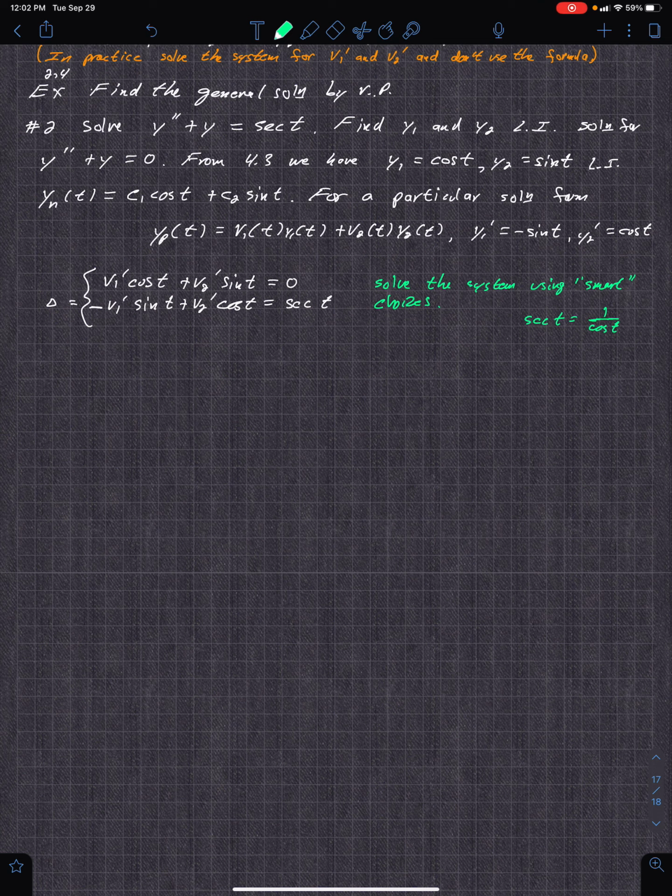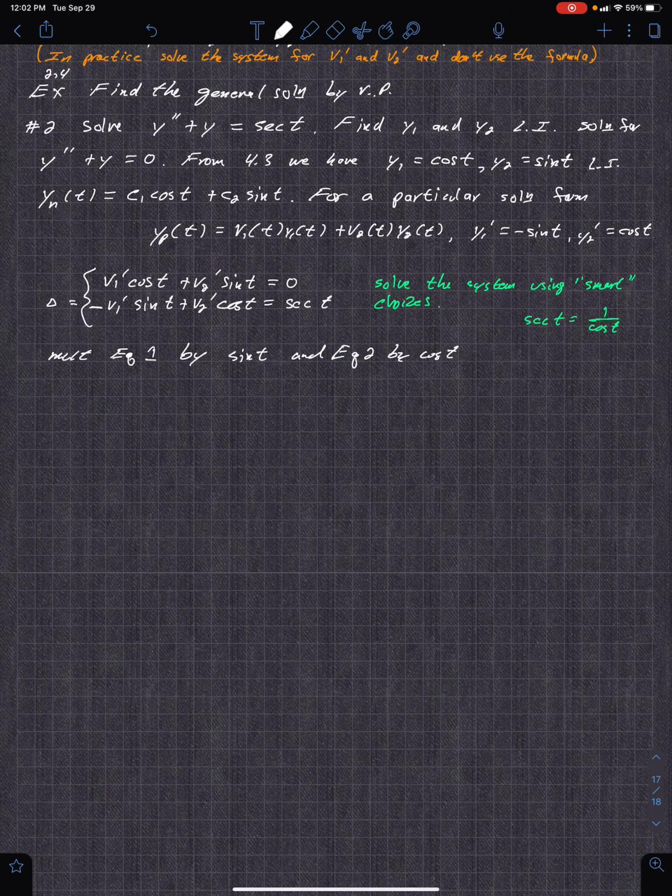If you look at that, we can simplify it a bit by doing this: we multiply equation 1 by sine t and equation 2 by cosine t.